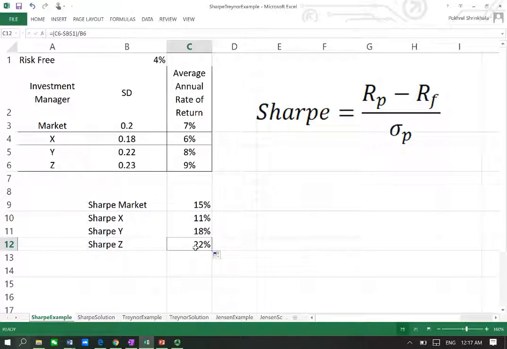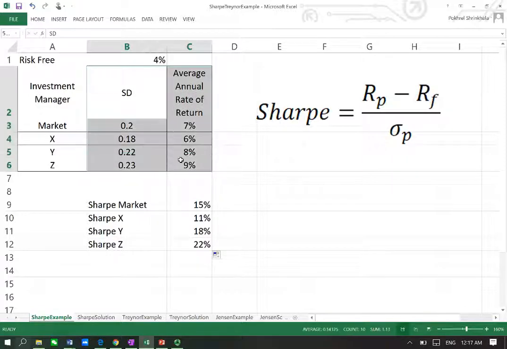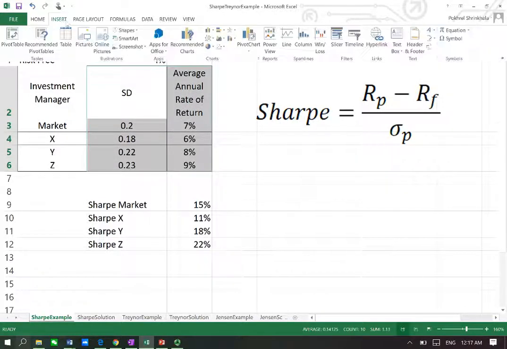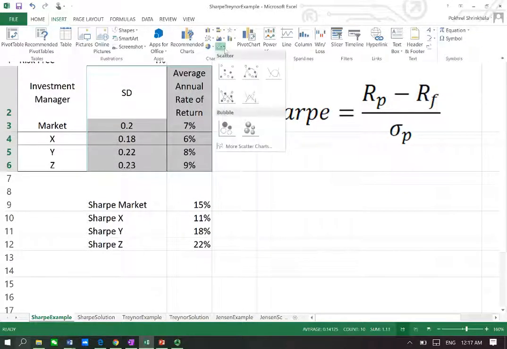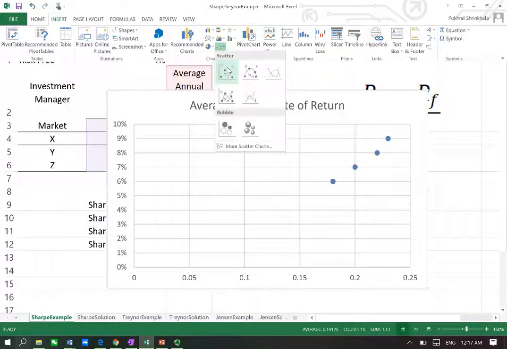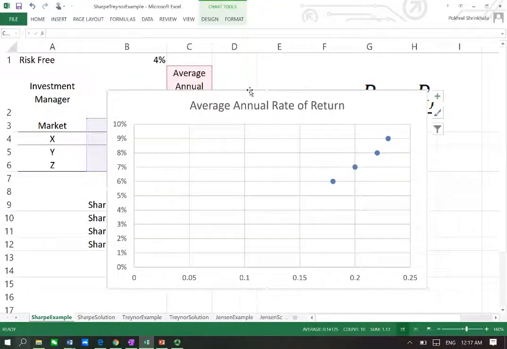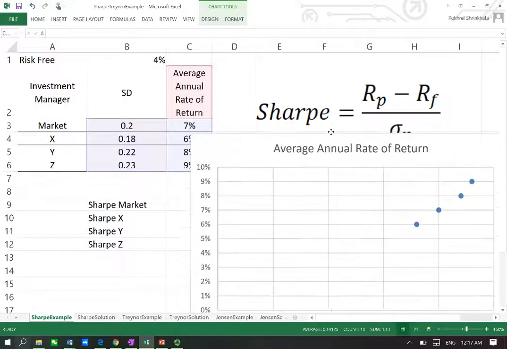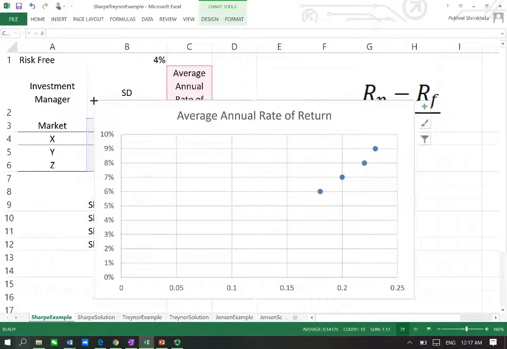Therefore we can conclude that in terms of risk adjusted return given by the Sharpe measure, portfolio manager Z has performed the best. Now this is something we can also see using the diagram, and that's something I have just done here. Let me reduce the size.